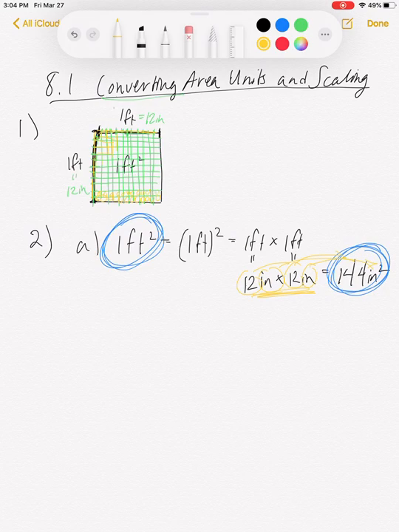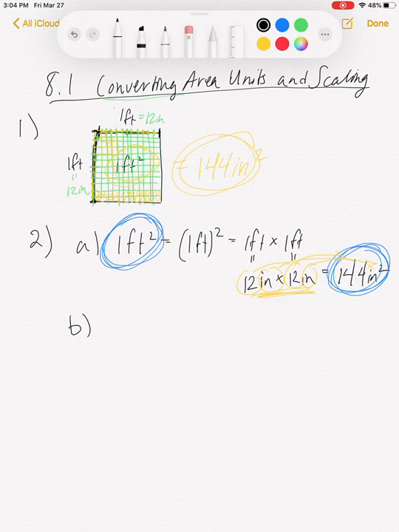Okay, but we won't have time to do that. So 1 foot squared contains 144 square inches inside it. Okay, they cover the same area, so that means that they are equal. So 1 square foot is 144 inches squared. Okay, so as we convert, we have just kind of a string of equations here for part 2.